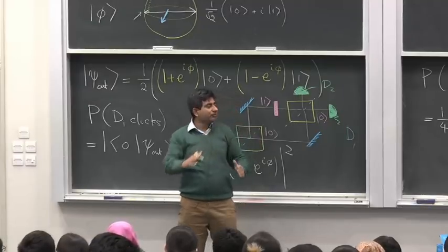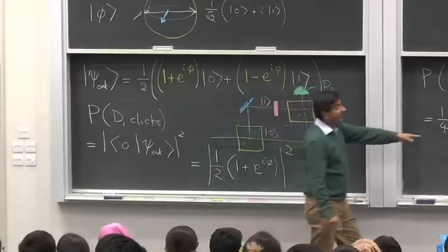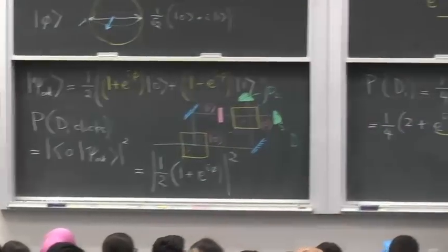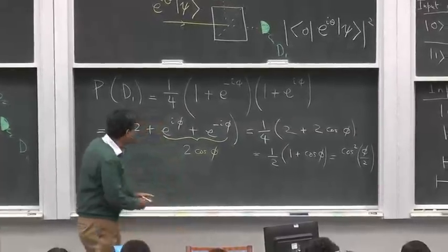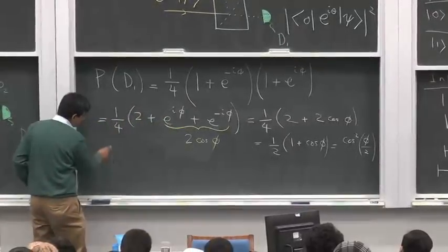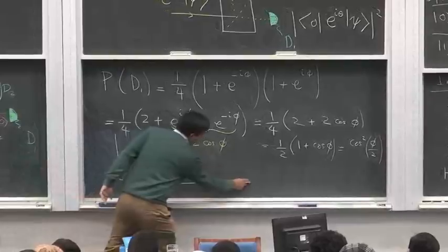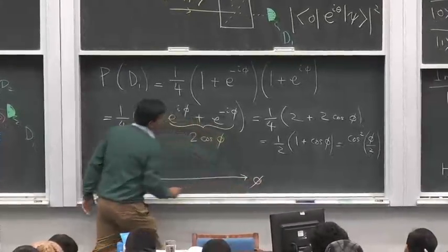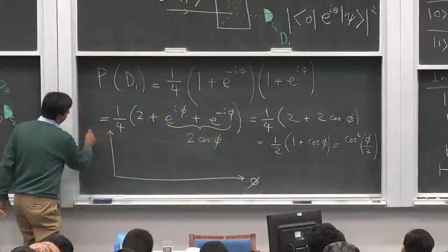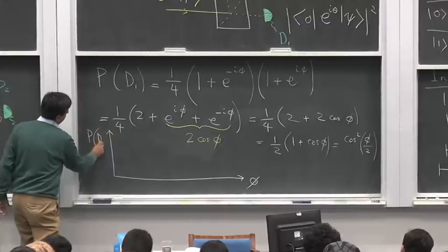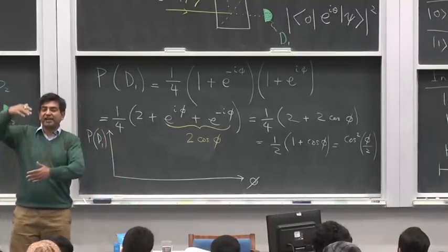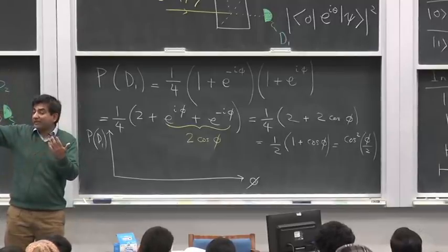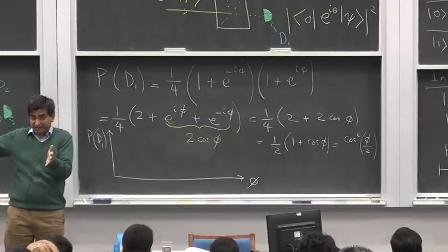Alright? So this is the final result. It depends upon φ. So now I can change φ. If I were to make a plot between φ and the probability that the first detector clicks, what is this plot going to look like? It's going to look like a cosine square function. Always positive or zero, non-negative.